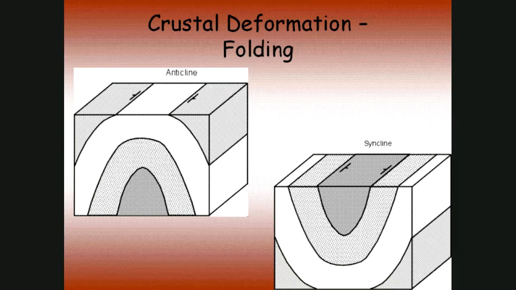Downfold is like it sinks, a syncline. Make sense? Downfold, sink, syncline. And what's the opposite of something? The anti, right? Yeah, the anti. So a syncline goes down, so what are we going to call the one that goes up? The fold that goes up is an anticline.